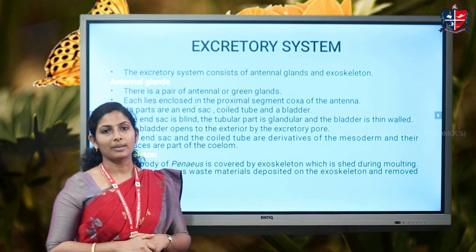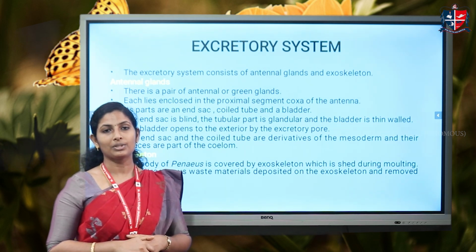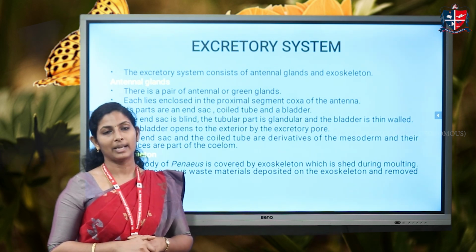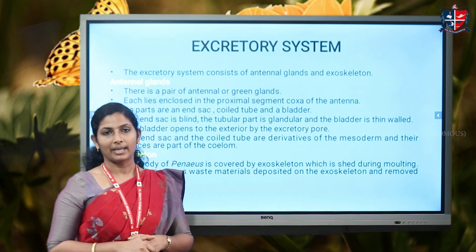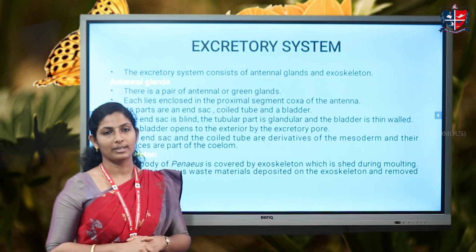It is situated in the proximal coxa segment of the antenna, and it encloses three regions: an end sac, a tubular coiled portion, and a bladder. The end sac is blind, the tubular portion is coiled and also has an extension region, and it is followed by the third portion called the bladder.